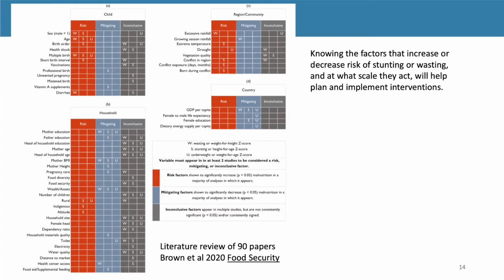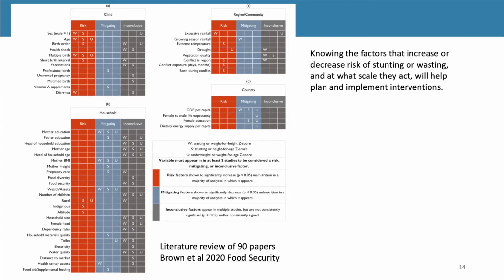The younger you are, the more likely you are to be affected by food insecurity. So you can see age is a risk factor, or if you're part of a multiple birth, that never contributes to your improvement. It's usually a risk factor that might affect stunting, wasting, and underweight.